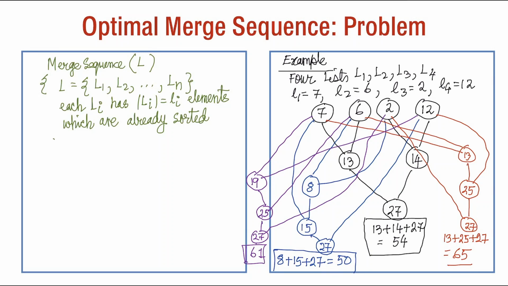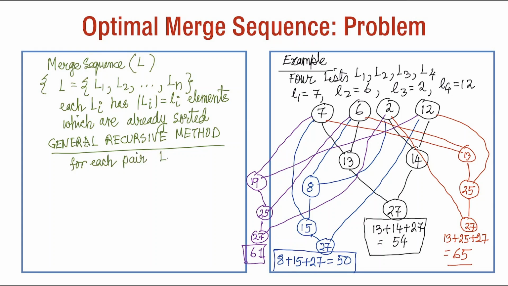The general recursive method, based on our approach, will be: for each pair Li, Lj in L above, we try to do Lij equal to merge Li, Lj.